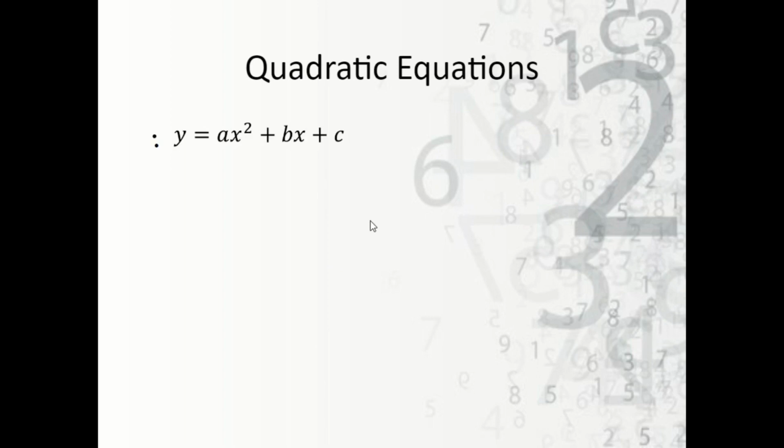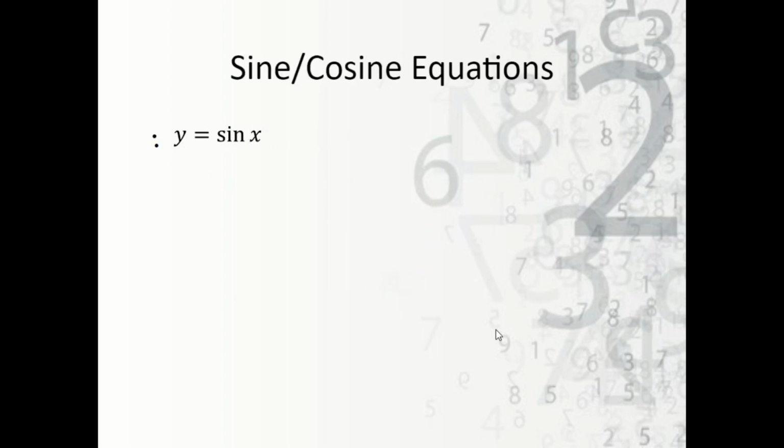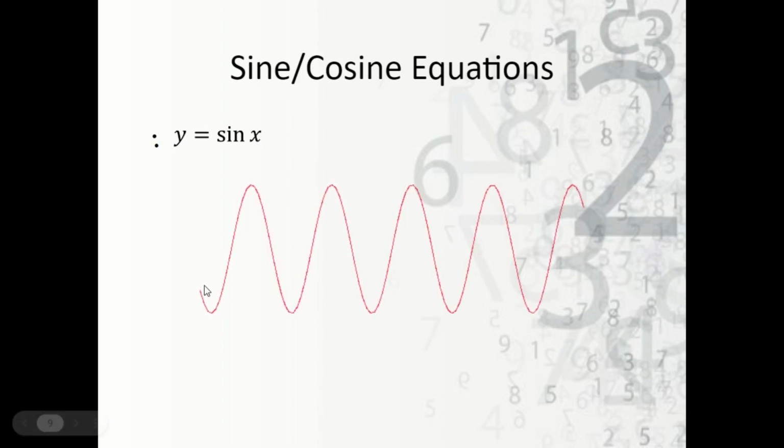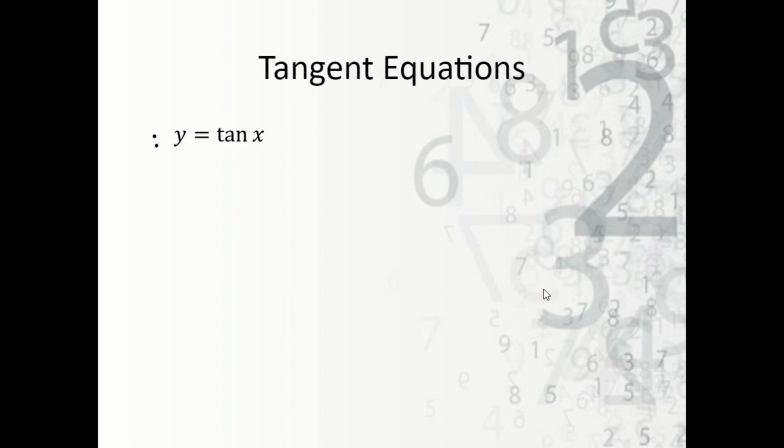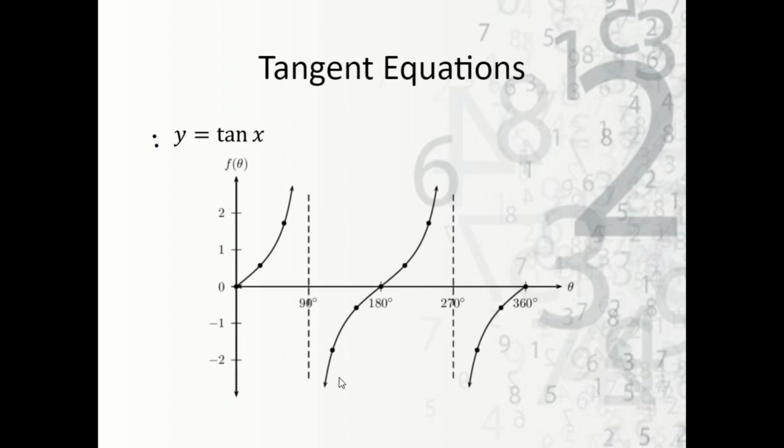Quadratic equations look like y equals a times x squared plus bx plus c. And when I graph it, it forms a U shape. Sine and cosine come of the form y equals sine x or y equals cosine x. And it forms this oscillating up and down shape. Tangent comes of the form y equals tangent x, and it forms like this snake looking thing here.